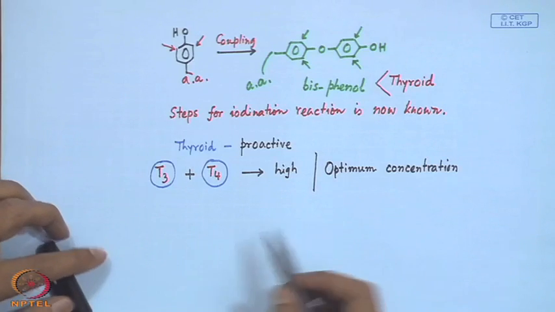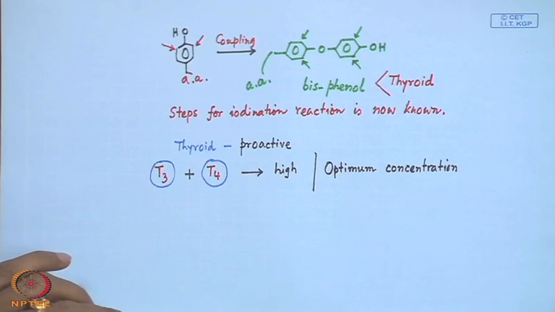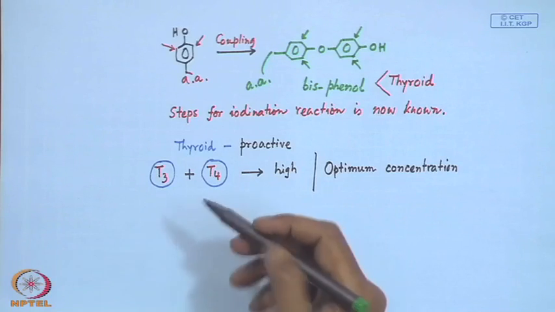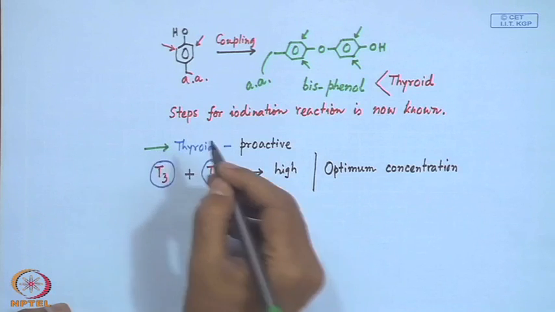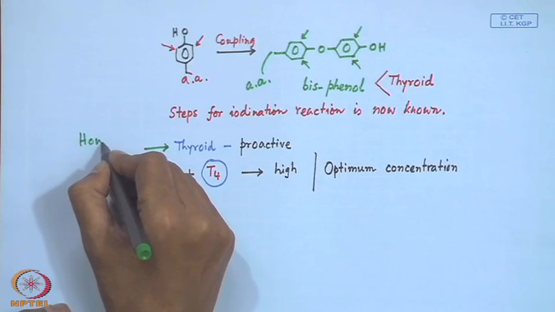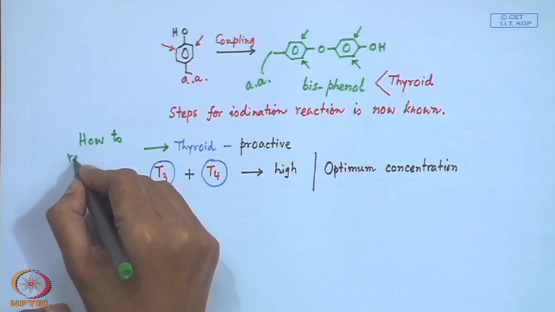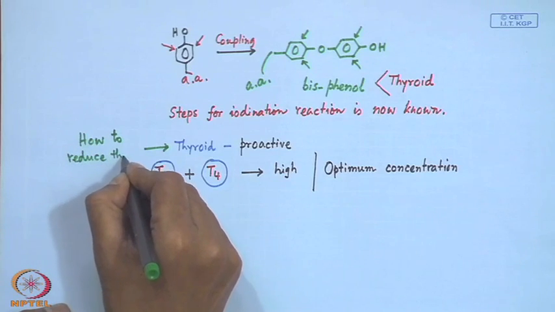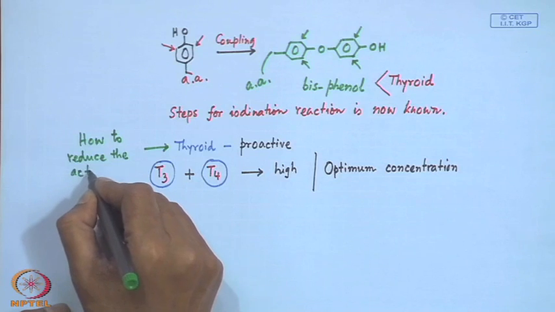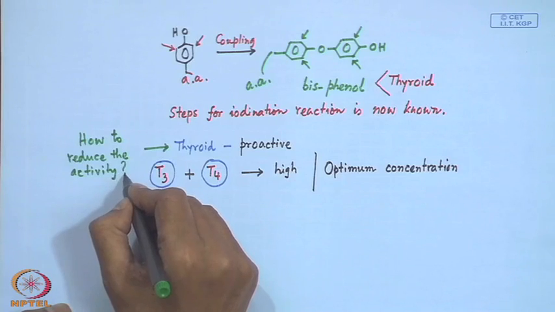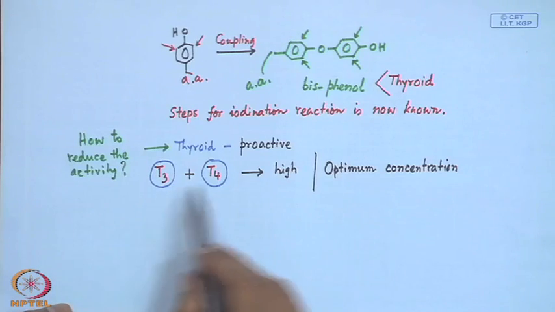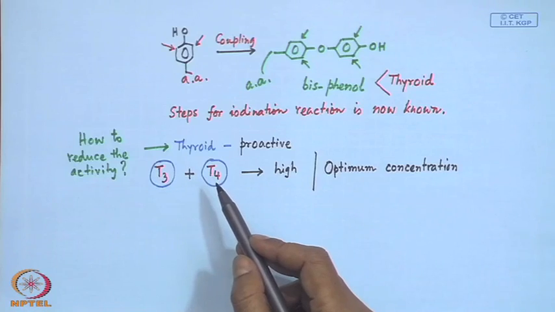for all these molecules. So, if the gland is proactive and producing more and more of the T3 and T4 molecules, what we can do is reduce the activity of this thyroid gland. So, how to reduce the corresponding activity of the thyroid gland, such that we produce less T3 and T4 in our bloodstream?